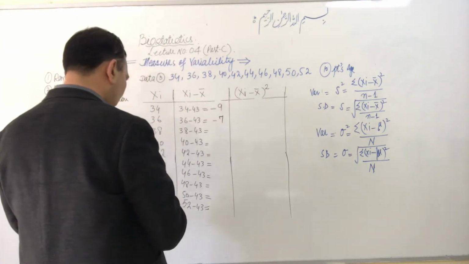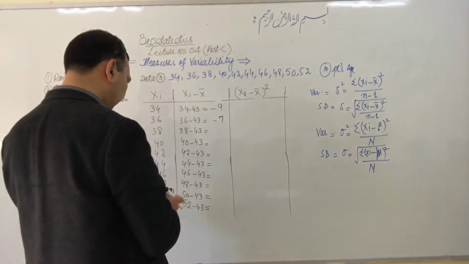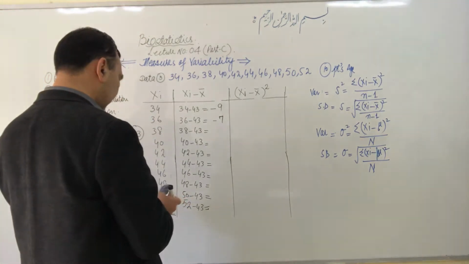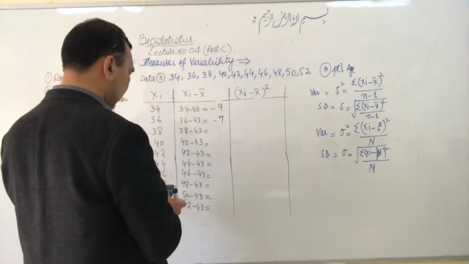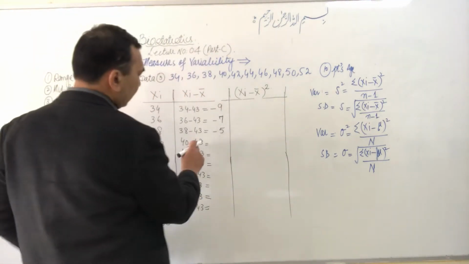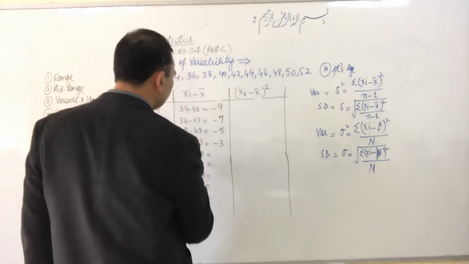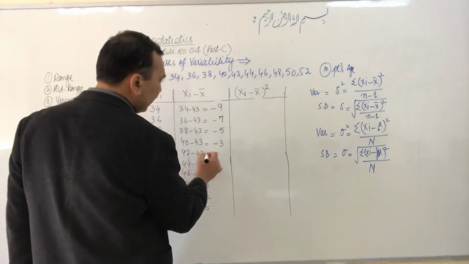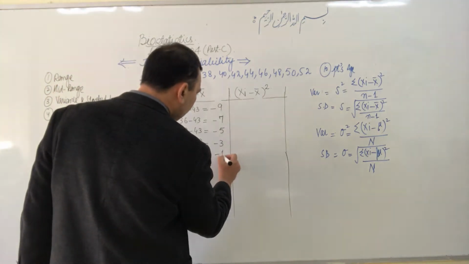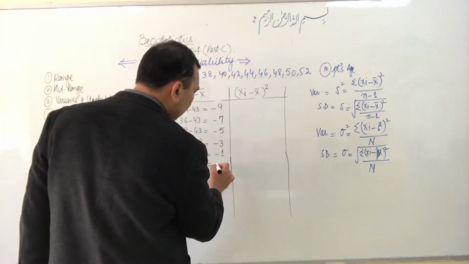And when we subtract 43 from 38, it is minus 5, and 40 minus 43 is minus 3, and 42 minus 43 is minus 1, and 44 minus 43 is plus 1.